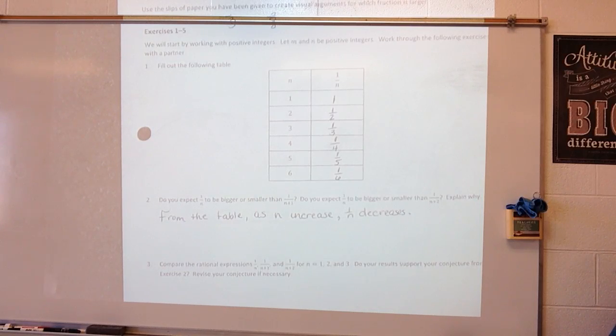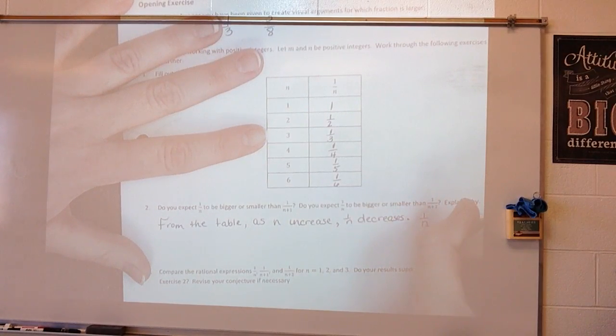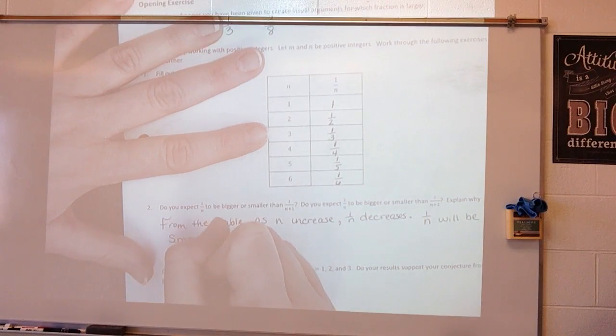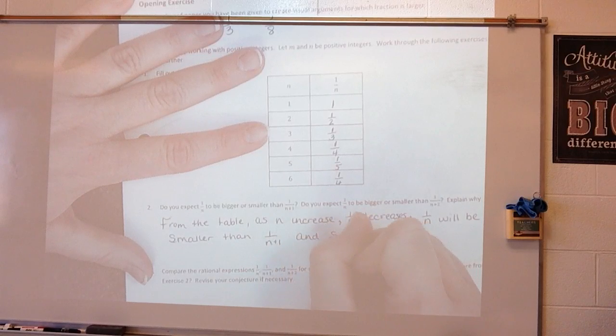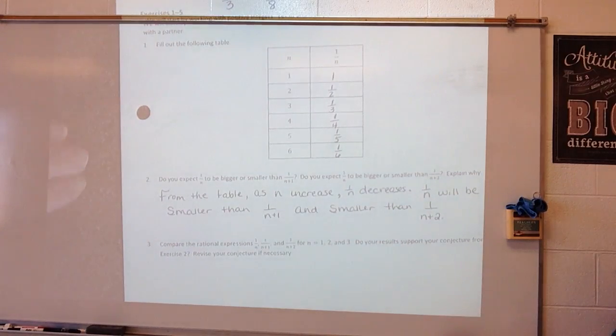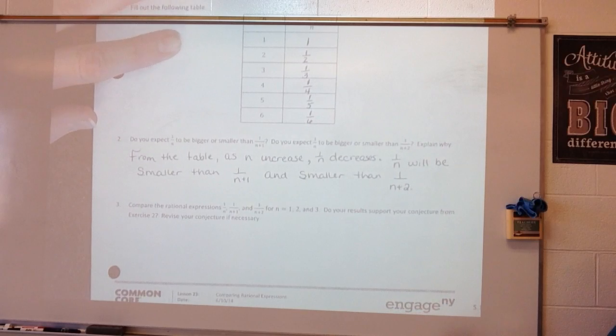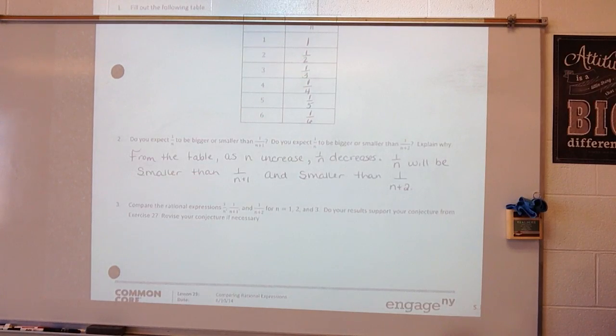So I would think that it's going to be smaller. So 1 over n will be smaller than 1 over n plus 1, and smaller than 1 over n plus 2. All right? Because it's getting smaller as my values increase. As my values for n increase, my value of my fraction decreases.